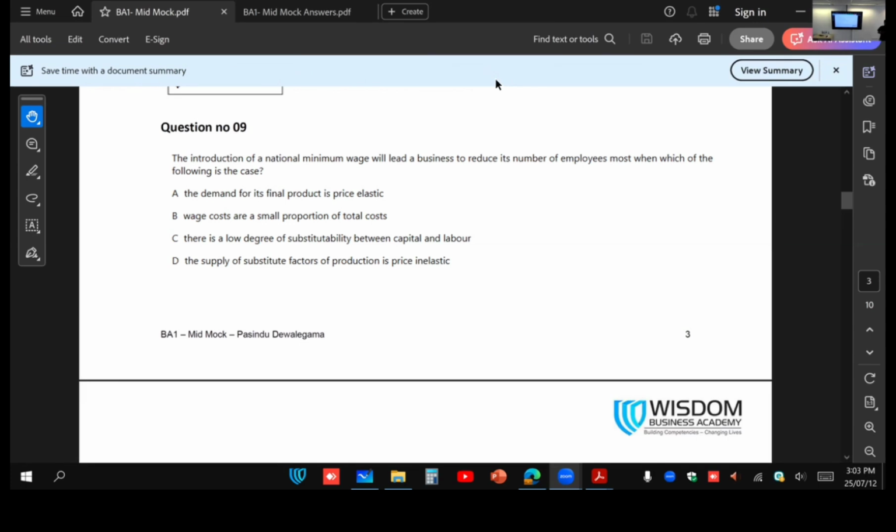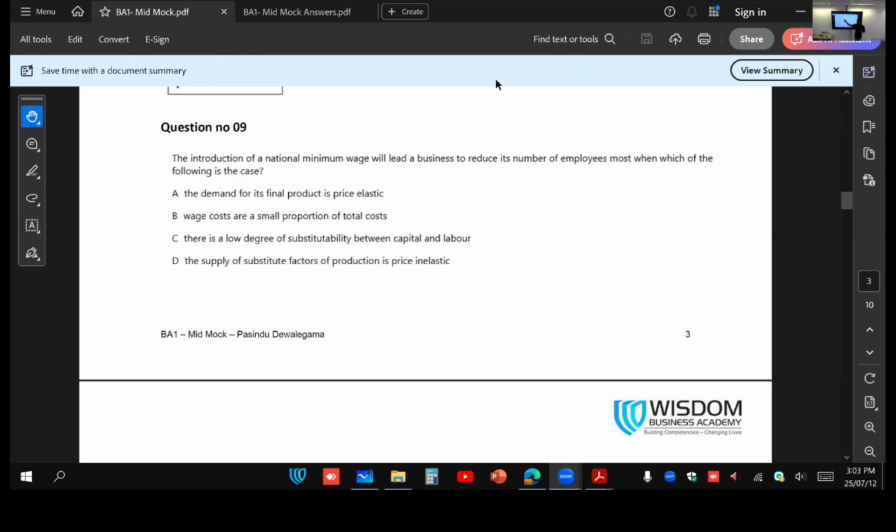If these kinds of things happen, the company will have to lay off some employees. That is happening because of what? I feel the demand for the final product being price elastic, right? Which is when you make a small change in the price, the demand changes drastically. So whatever profits you earn might go down, and as a result, you will have to lay off some labor. So anybody agreed with A?